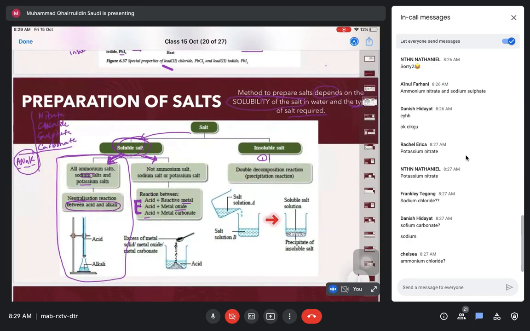Part 1 is the preparation of soluble salt which are anak salts, which are ammonium, sodium and potassium salt. So this is the one we learned today, using neutralization reaction, titration methods. We titrate the acid into the alkali using titration methods. Other than those salts, if it is soluble, we have to use other ways. And we will see that in our next class.